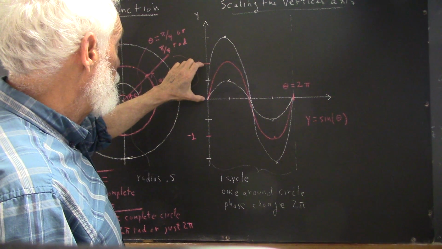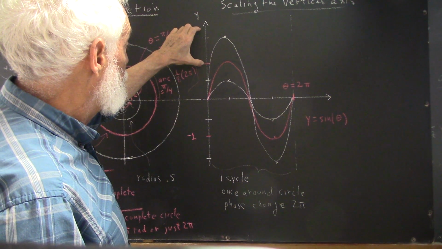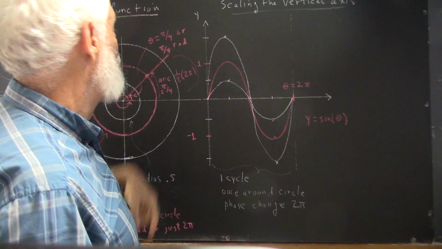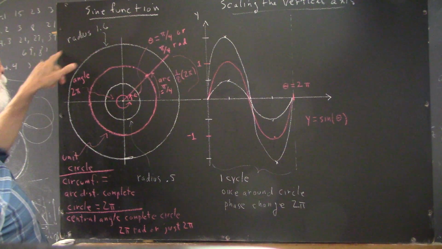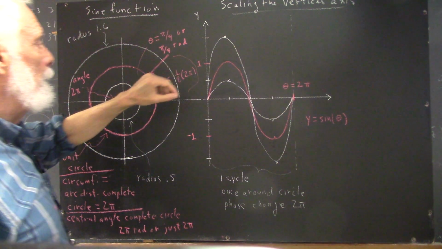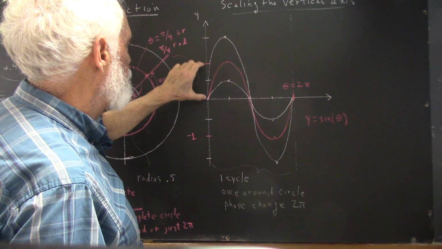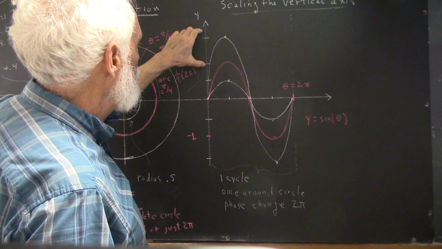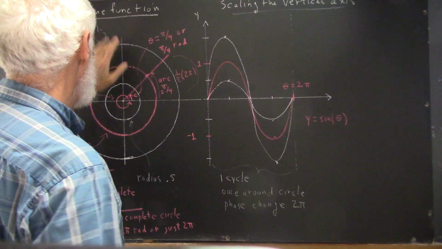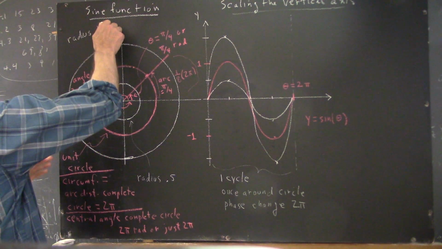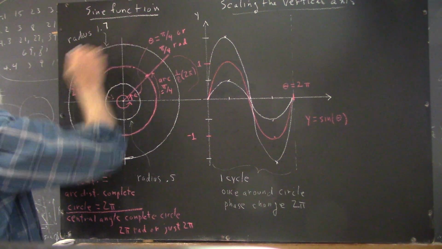We can see that this quantity here looks like about 1.7. I wrote 1.6 here. On a scale where this is 1, I believe this would come out around 1.7. So I'm actually going to change that and say that the radius of this bigger circle has to be 1.7.